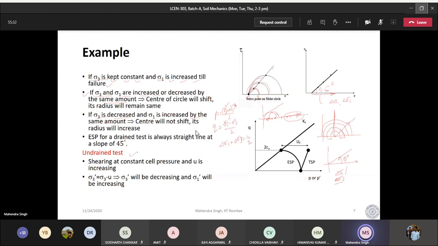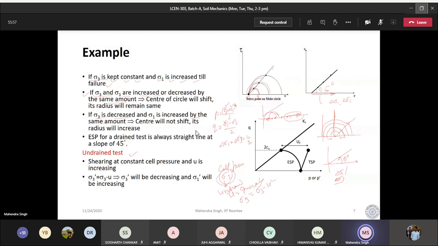Now for undrained test, you see sigma 3, we have applied some cell pressure, sigma 3, and now we are shearing it and it is undrained. We are not allowing water to go out, so U is increasing. So when U increases, sigma 3 dash will be equal to sigma 3 minus U. Cell pressure is being kept constant.